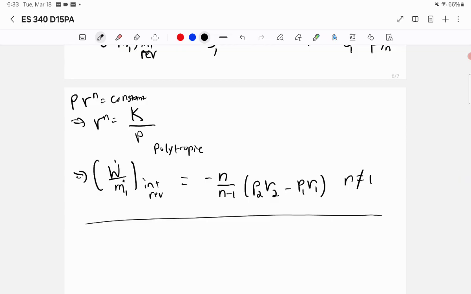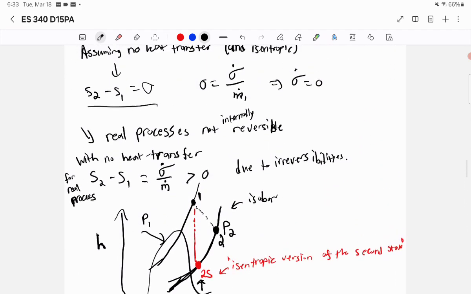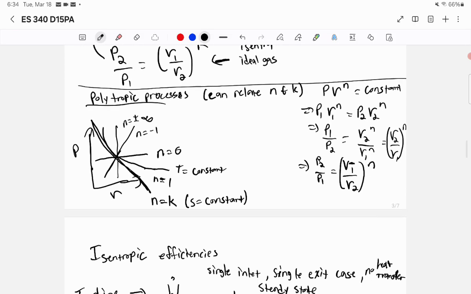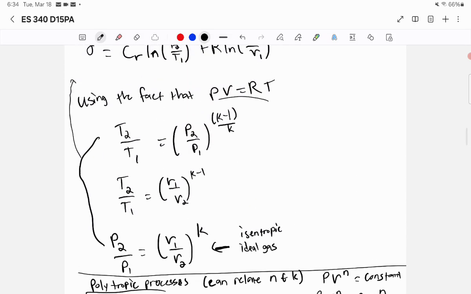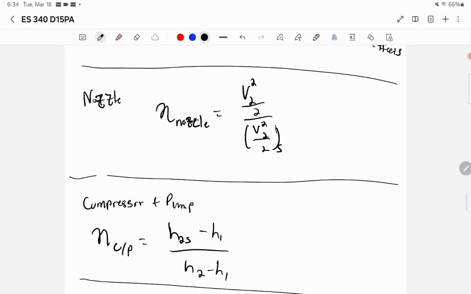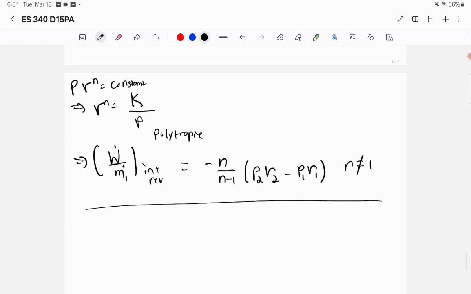So finally, using some of those equations that we found above, remember way up here we discussed equations like these, we can use those down here, assuming it's an ideal gas. Again, we're making a lot of assumptions: single inlet, single exit, ideal gas, internally reversible.